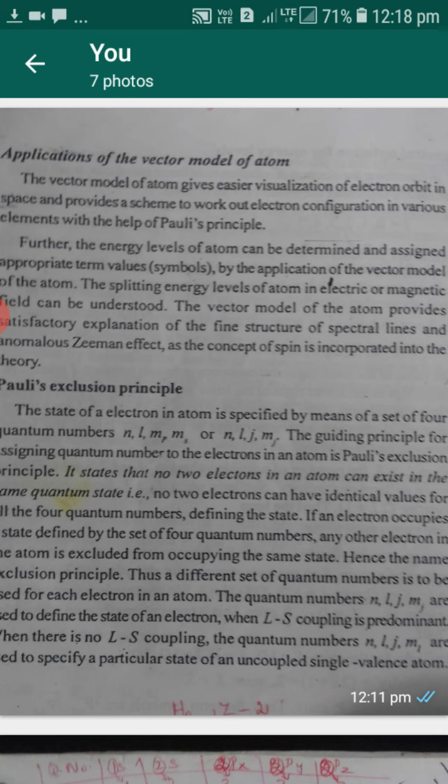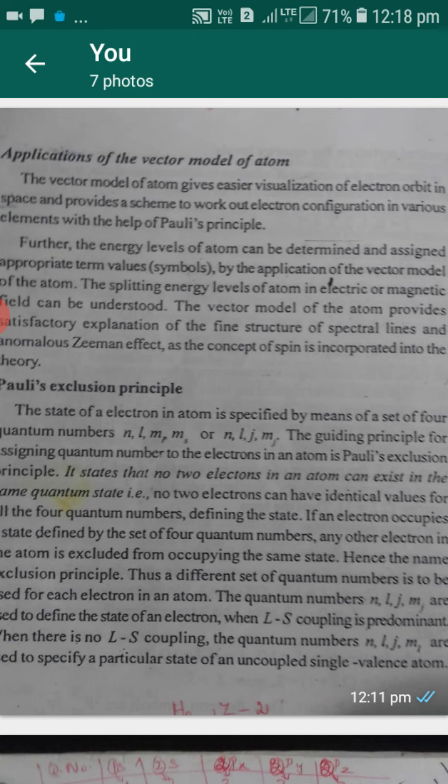If you put n equal to 1, then the possible value of L is 0. If you put n equal to 2, then the possible values of L are 2 values, that is 0, 1. Then n equal to 3 means the possible values of L are 0, 1, 2.